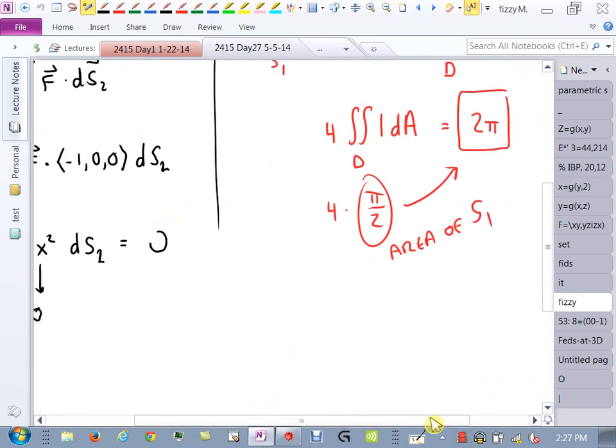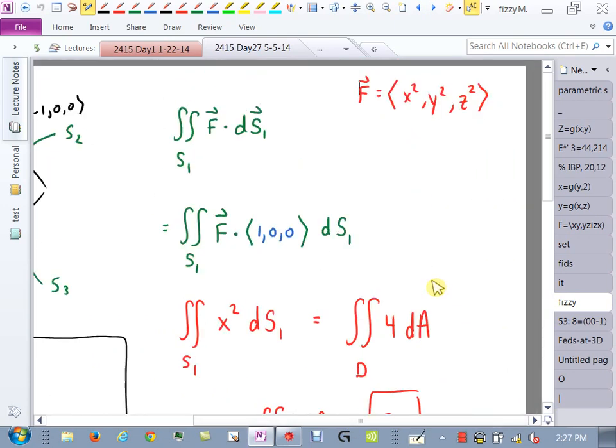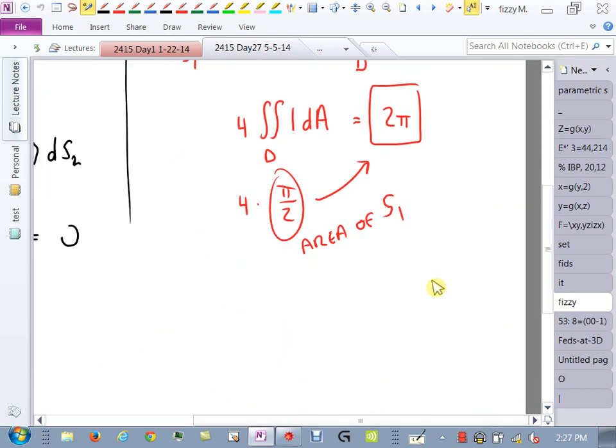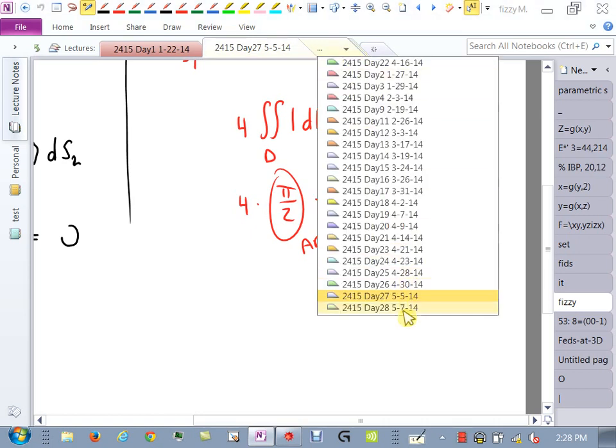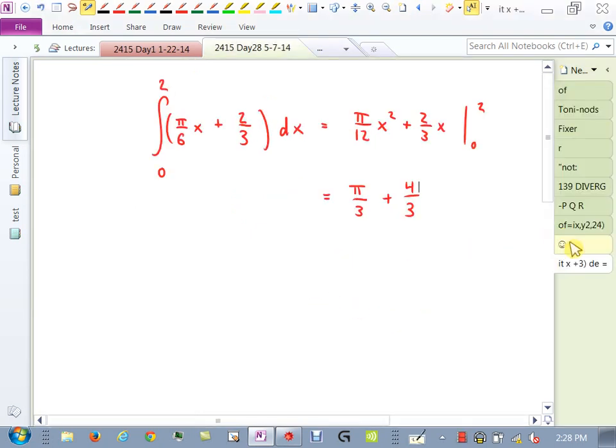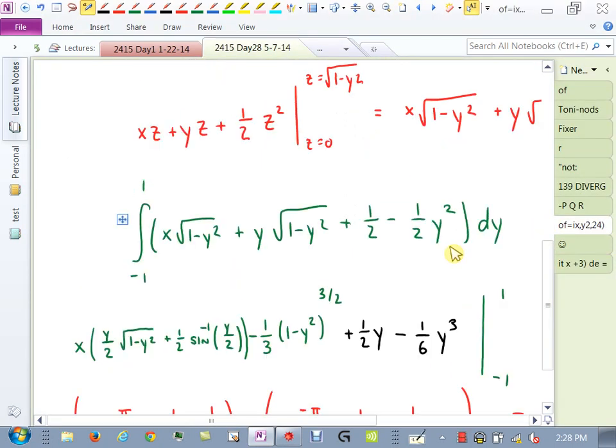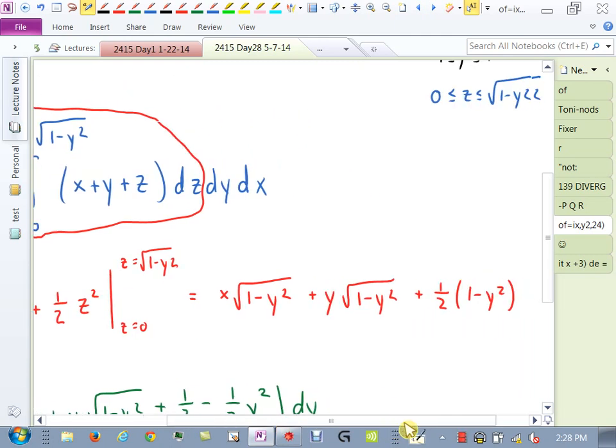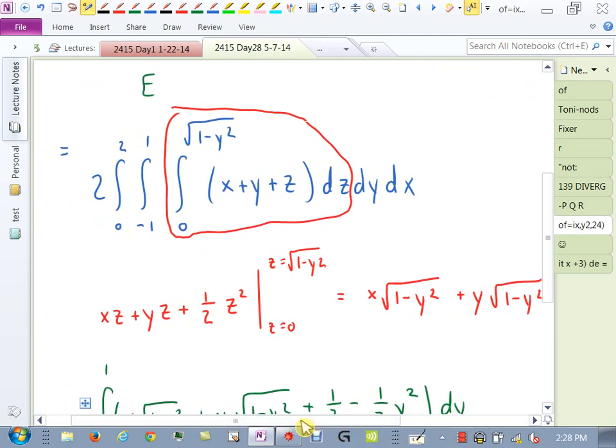We got 2 pi there, and then 8/3 on the other one. So somehow we lost something there. Okay, well, you get the idea, right? No, I mean, it should work out. It will. There's some error in there. So who wants to go find the error for me for bonus?